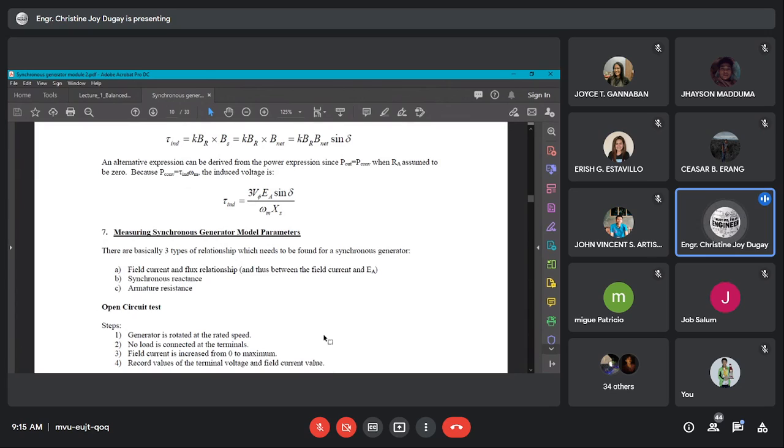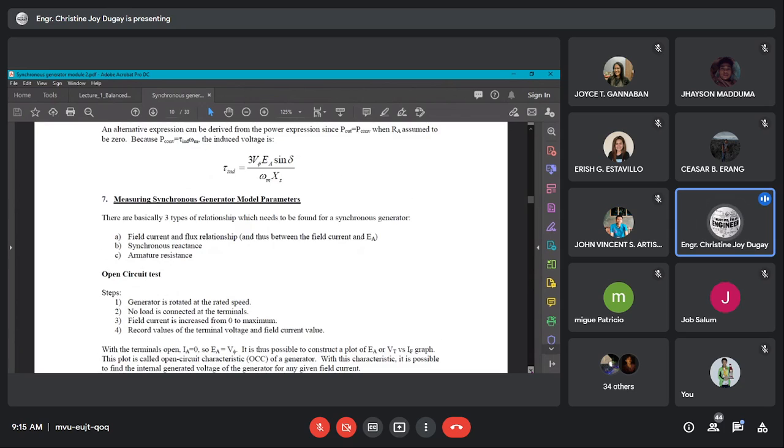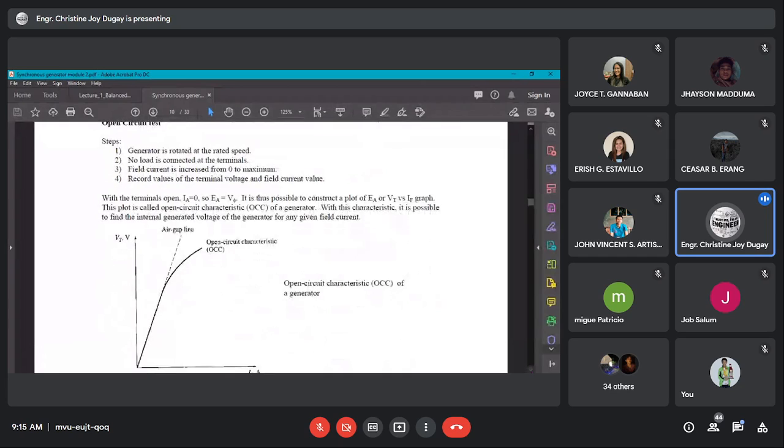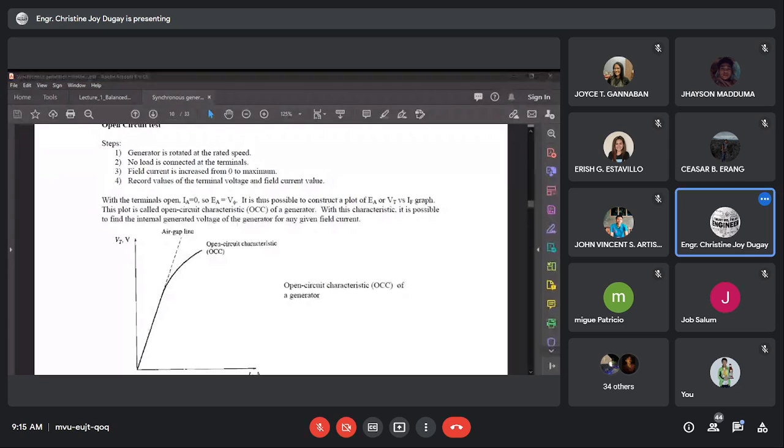So how are we going to perform the open circuit test? Steps. We have the generator rotated at the rated speed. Ano po yung ibig sabihin ng rated speed? May ibig sabihin po yan.